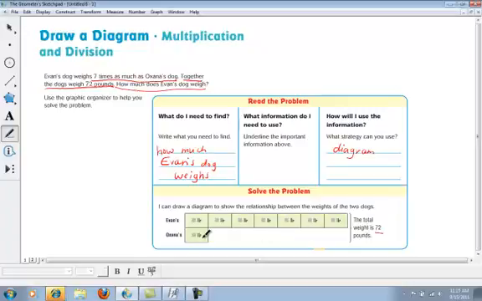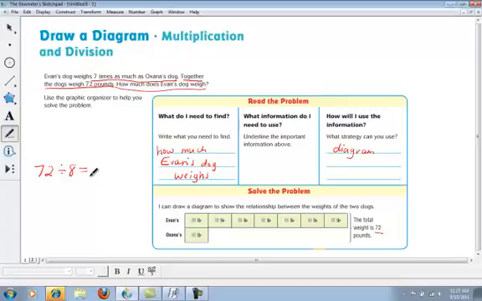Well, since every one of these rectangles are the same, and they all add up to 72, couldn't I do 72 divided by 8, because I have 1, 2, 3, 4, 5, 6, 7, 8 equal groups, to find out how much Oksana's dog weighs?